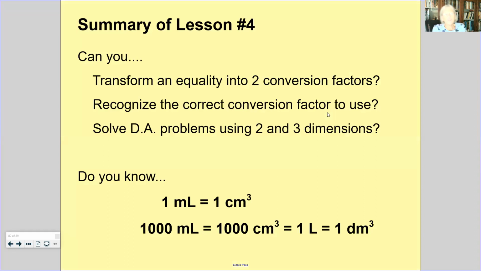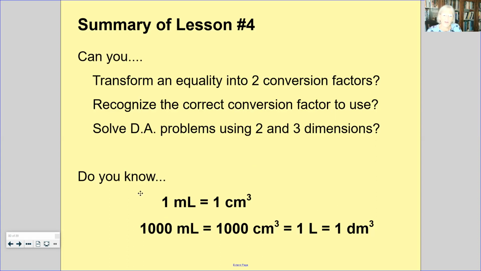To summarize lesson 4, you need to be able to find the right conversion factors by transforming an equality into 2 conversion factors. You have to recognize which is the correct conversion factor to use. And you have to solve dimensional analysis problems in 2 and 3 dimensions.